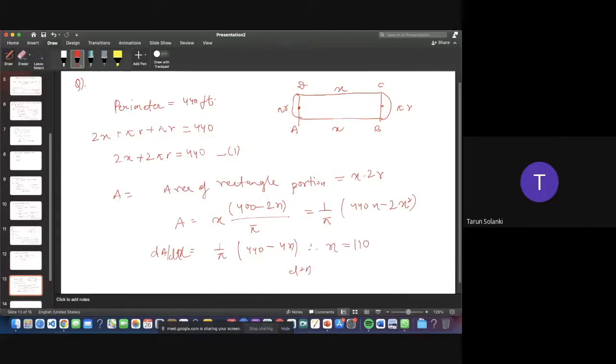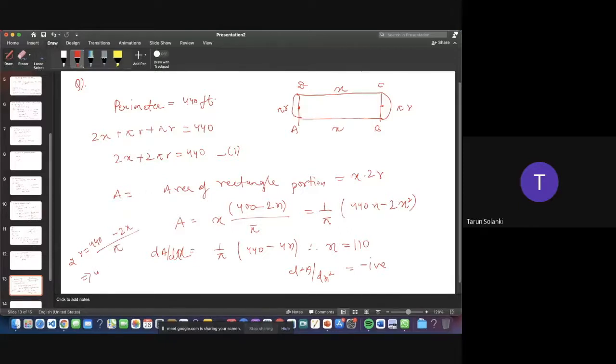So d square A by dx square is negative, right? So we can say here that 2r is equal to (440 minus 2x) divided by pi.